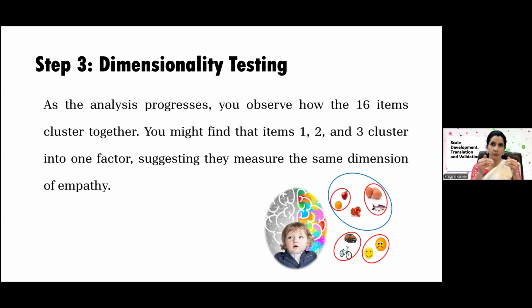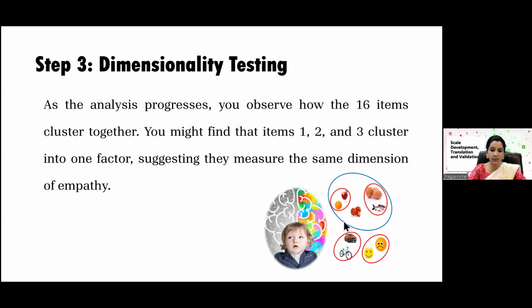As analysis progresses, you observe that the 16 items cluster together. In this case, you can see how the child was clustering. We are giving 2 examples together: how the child's brain is processing and how factor analysis is doing.